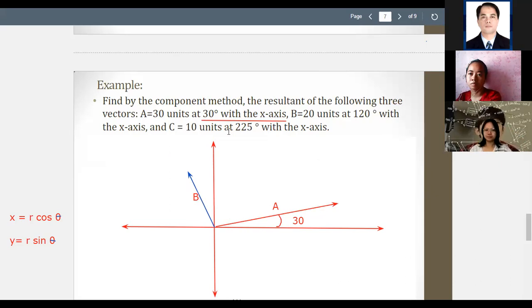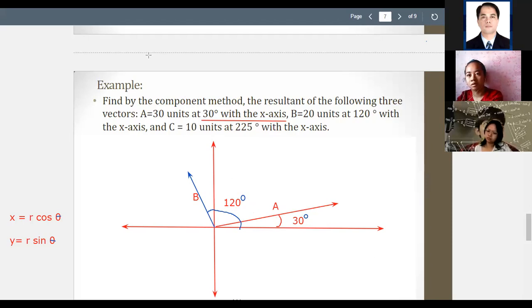We measure the angle of B going from the x-axis still, from here. So if you are going to find the direction of B, B is measured 120 degrees from the positive x-axis. So that's the second vector. The first vector is at 30 degrees, the next one is B at 120.